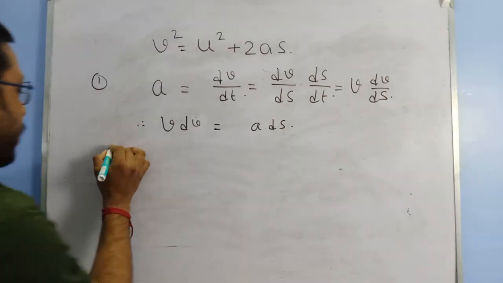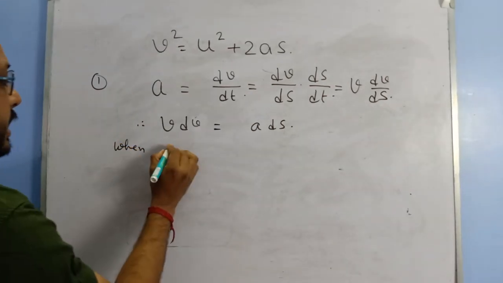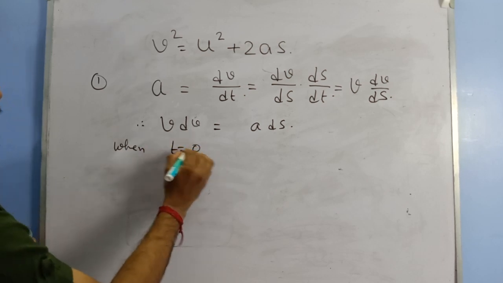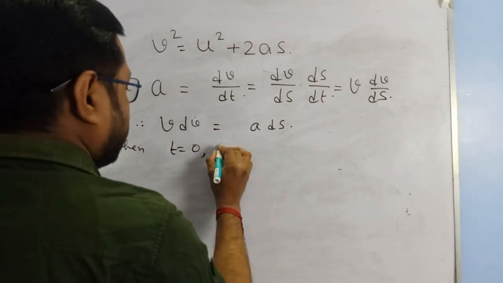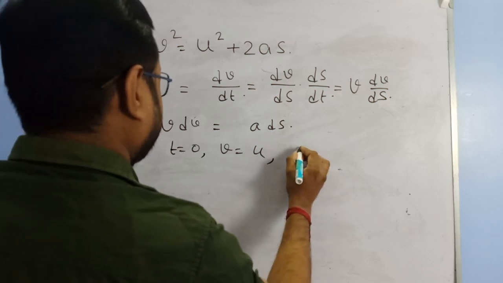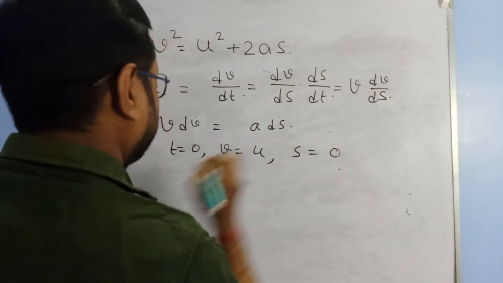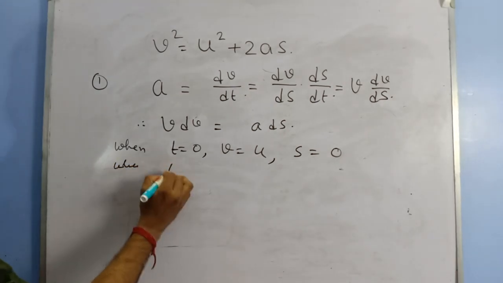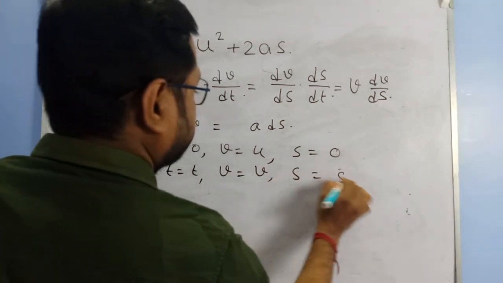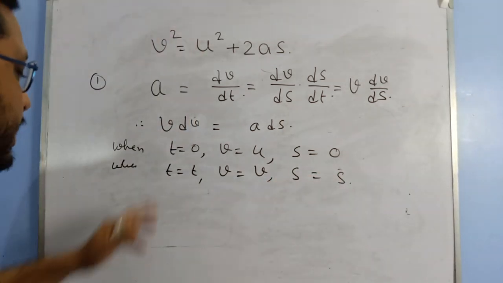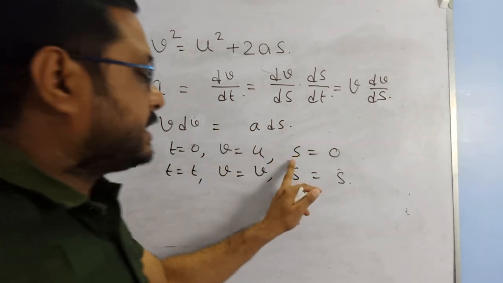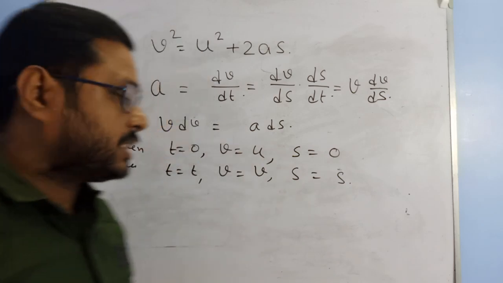So when t equal to 0, s equal to 0 and v equal to u. When t becomes t, the velocity becomes v and s becomes s, which means when time t equal to 0, the velocity equals u and the distance travelled is 0.